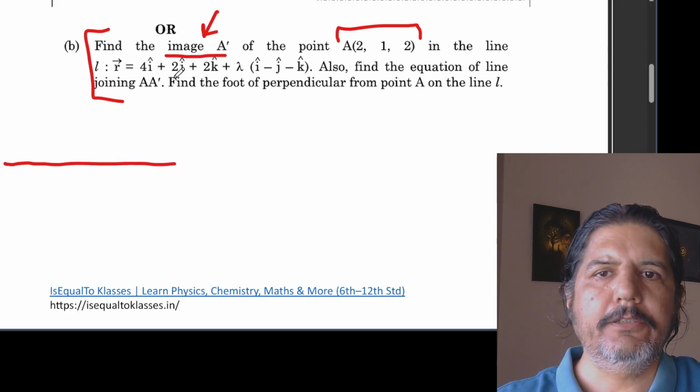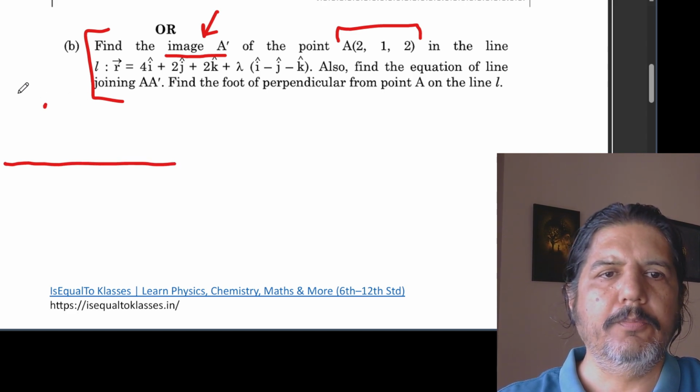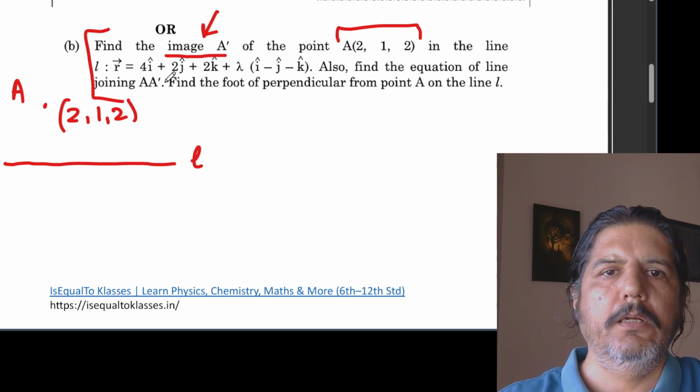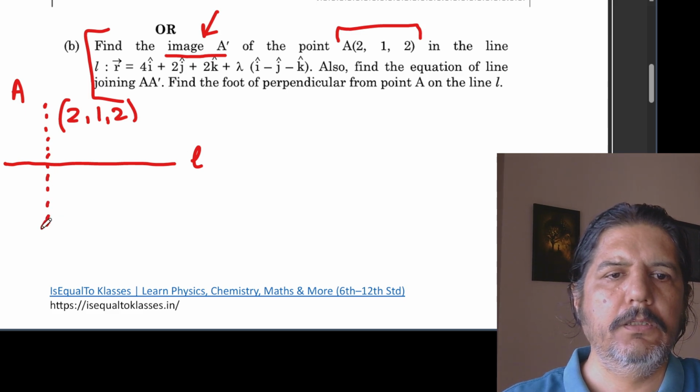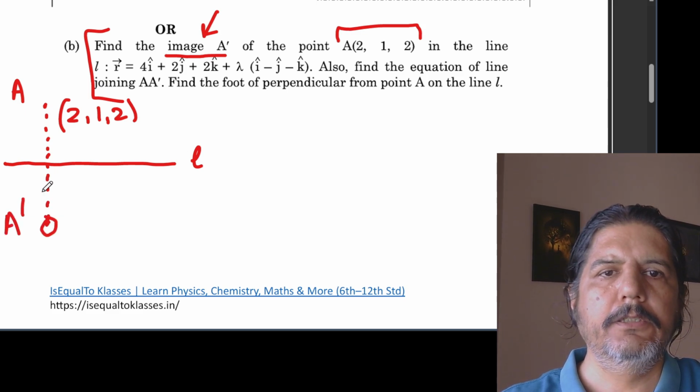So this would be the point A (2, 1, 2), and this would be the line L.